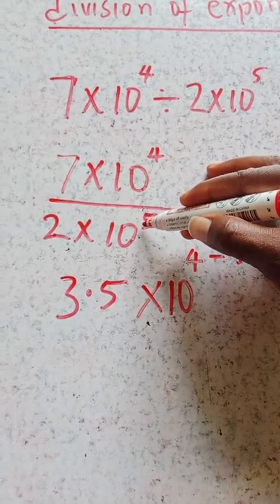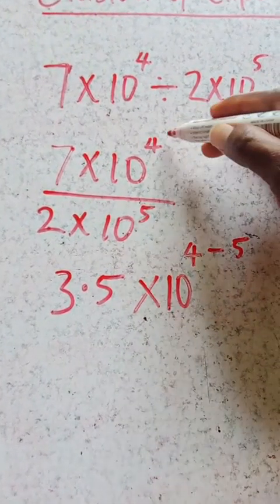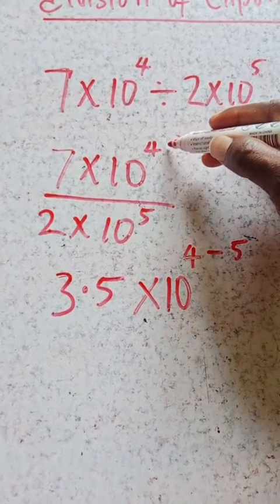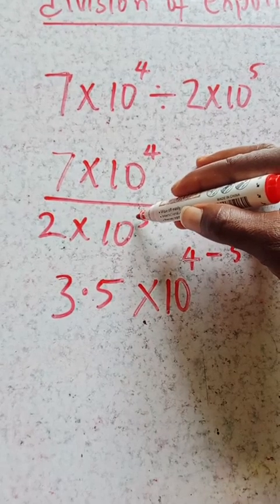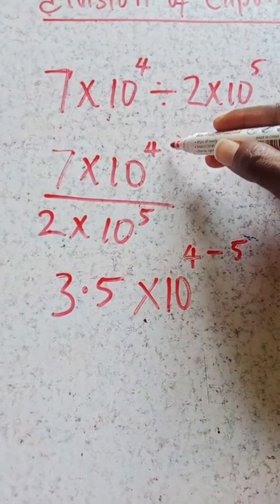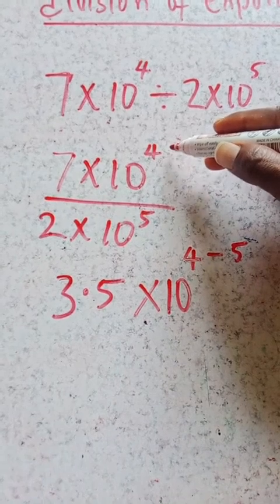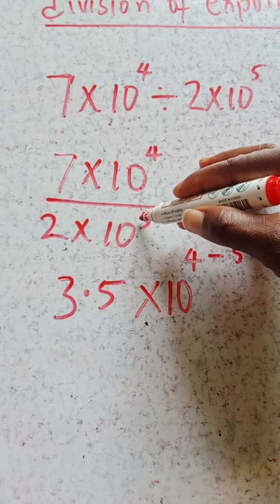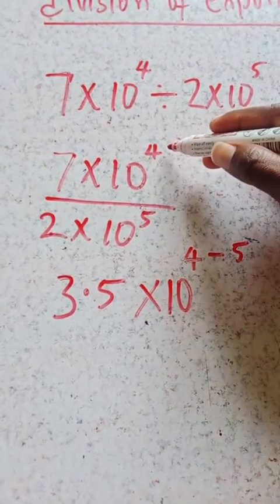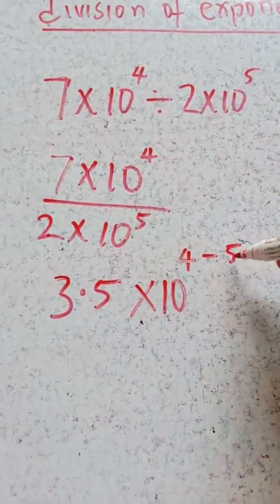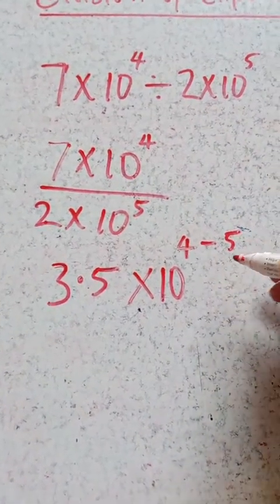If it should come over to the numerator, it will change to a minus. If it were minus, it will change to plus. That is the principle. So this is plus 5, and coming over to the numerator, it will change to minus 5. You see the same thing.